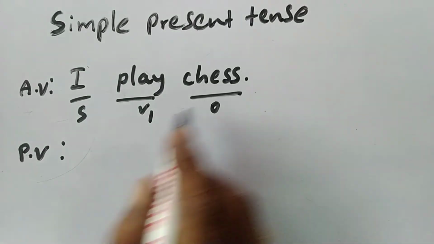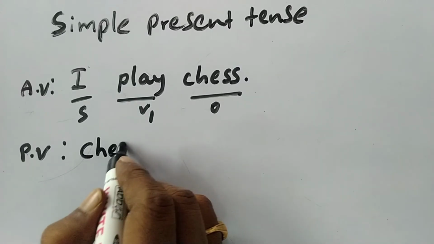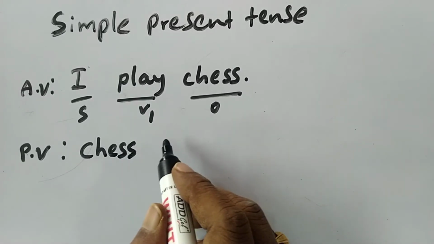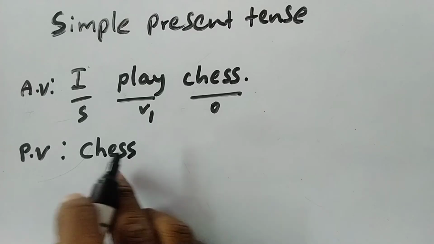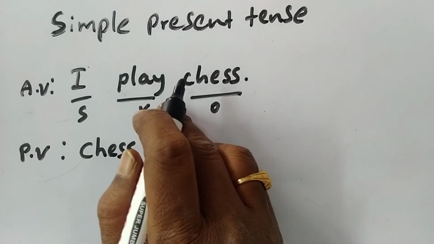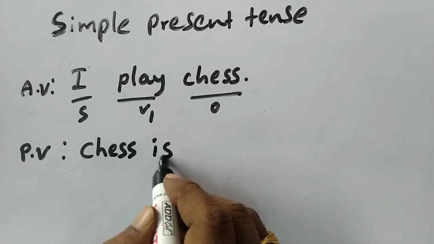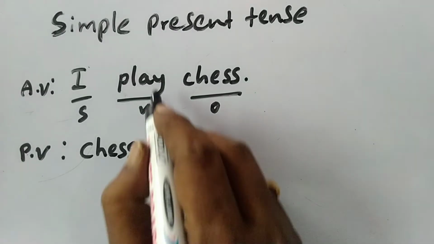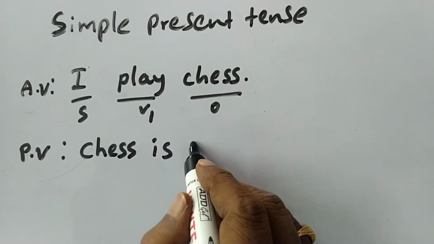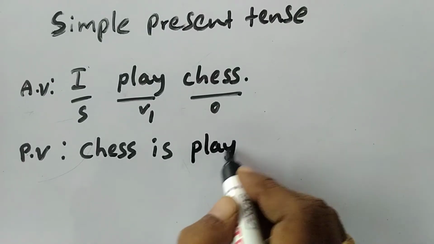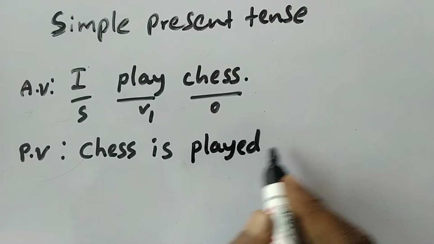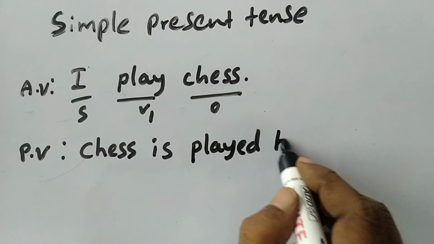Here the object is chess. Next we have to take the be form. Chess is singular and it is given in the present tense, so chess is. Third form is played. Thereafter we take the preposition by.